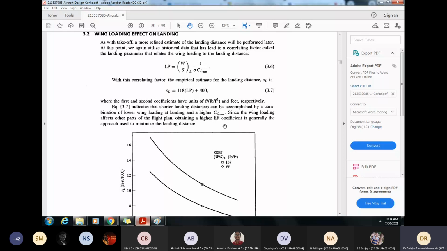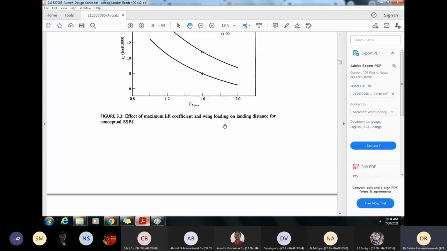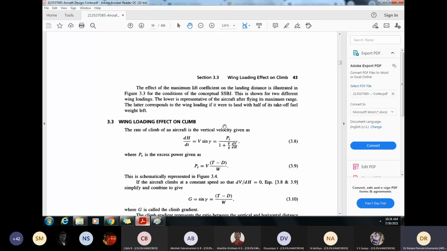What I am telling is, if we can actually change these using CLmax, probably we can change the geometry during landing. We want a smaller landing distance. Anyway, you plot very similar graphs to your takeoff for landing also.